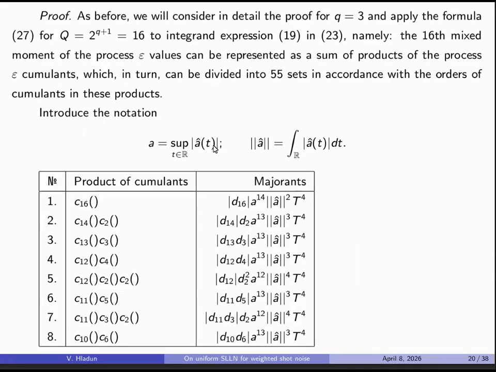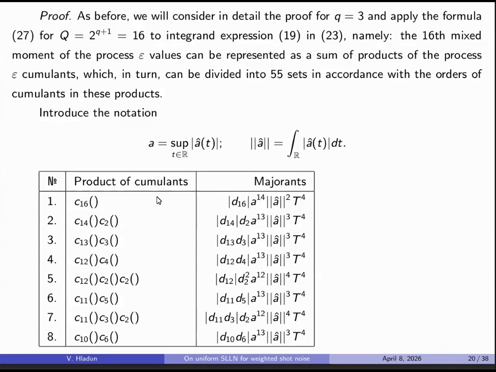Introduce the notation A for such a supremum of the absolute value of this function A hat over all real numbers, and also such a notation for this integral.